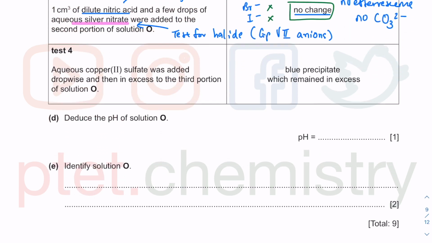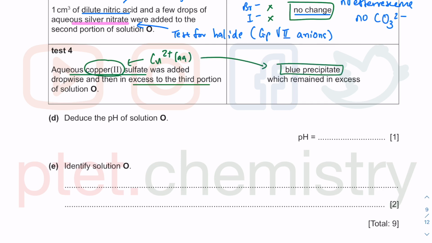Now we added in some aqueous copper 2 sulfate, and then we add in excess the third portion. This copper 2 plus is usually what we test for. It contains Cu2 plus aqueous. Not too surprising, we get a blue precipitate, and this is when we add hydroxide, because this is your classic precipitation reaction.